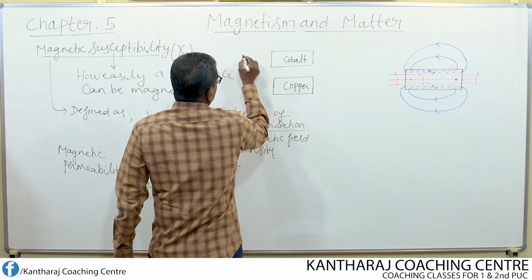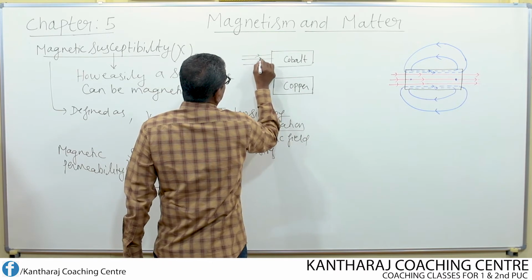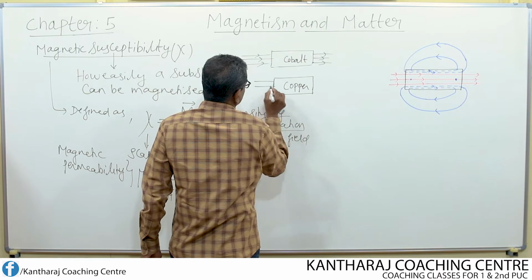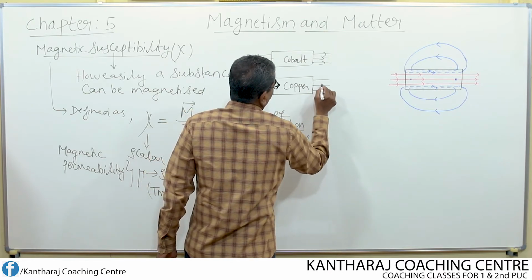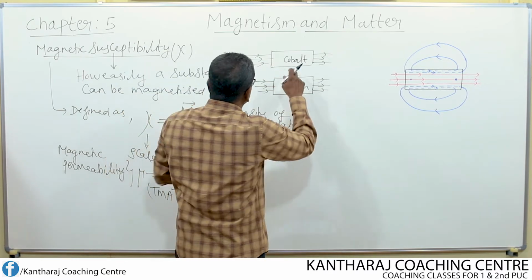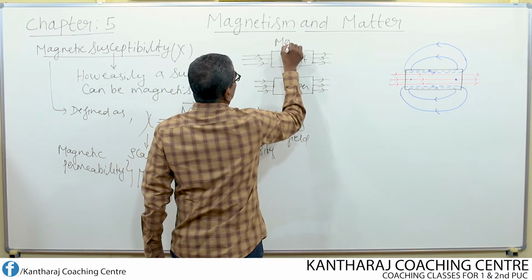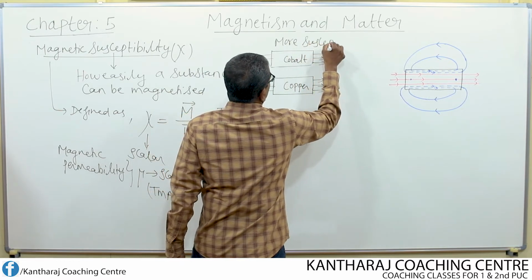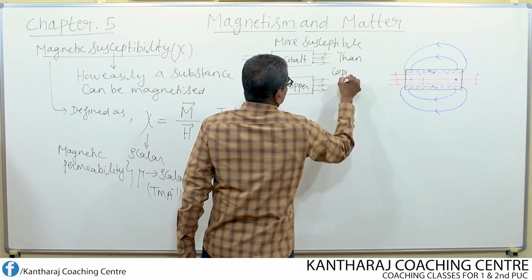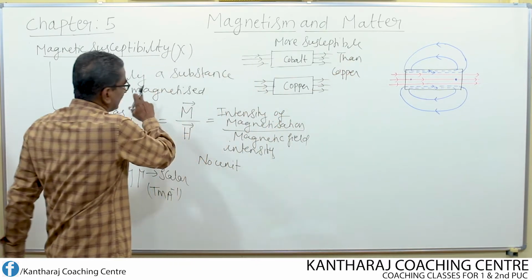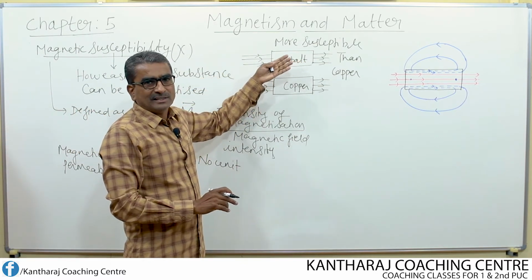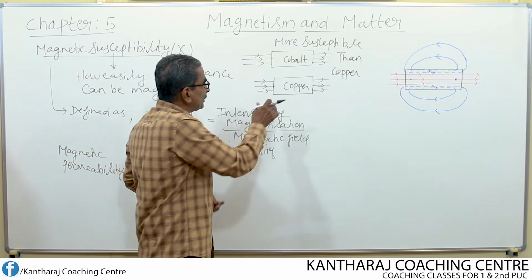If we keep these in an external magnetic field, cobalt gets magnetized strongly when compared to copper. So that is why we say that cobalt is more susceptible than copper. That is the meaning of this. Very easily we can magnetize cobalt, iron, nickel, all of these, when compared to copper.